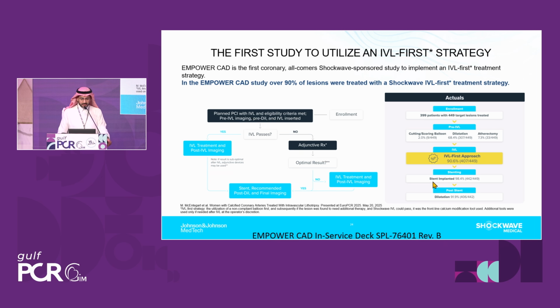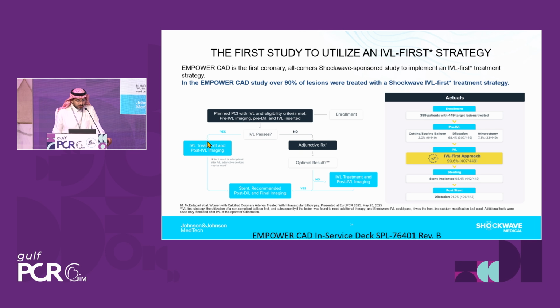The way this has been designed, the Empower Coronary Artery Disease study, over 90% of lesions were treated with a Shockwave IVL first treatment strategy. So the planned PCI with IVL and eligibility criteria met, then enrollment comes here. Did IVL pass the lesion?